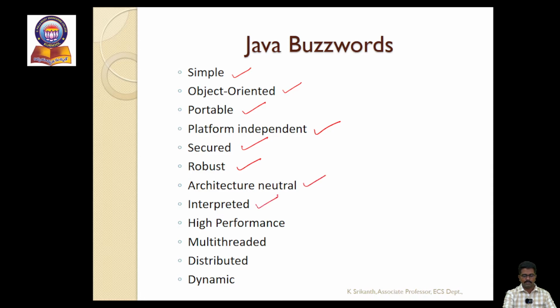The language is interpreted language. The language is high performance language. The language is multi-threaded. It supports distributed applications, and it is a dynamic environment to run Java applications. So these are all the features of Java language. Because of high level of features, the language has become more popular today.